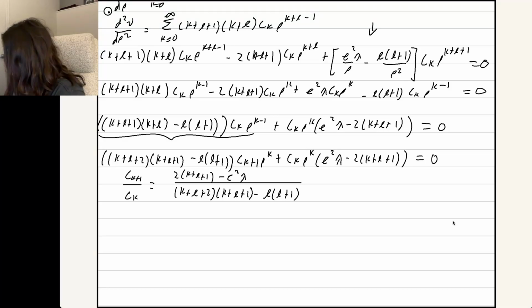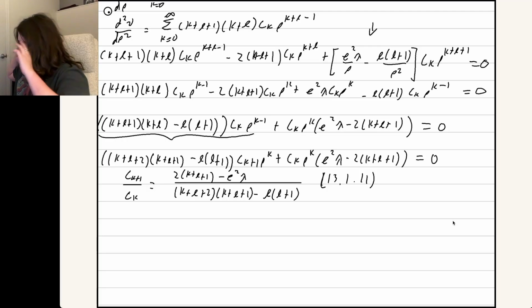I also canceled out the rho k's. But yeah, I think that was what was in the book. Yeah. So that is 13.1.11 proved.